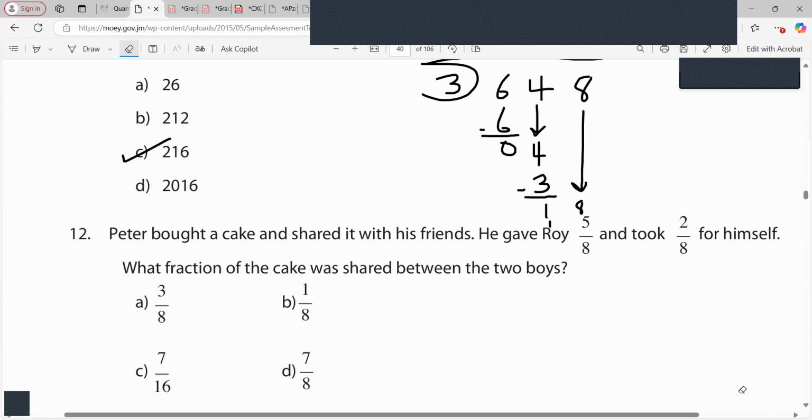So Peter bought a cake and shared it with his friends. He gave Roy 5/8 and took 2/8 for himself. What fraction of the cake was shared between the two boys? So it would have been 5/8 plus the 2/8, right?